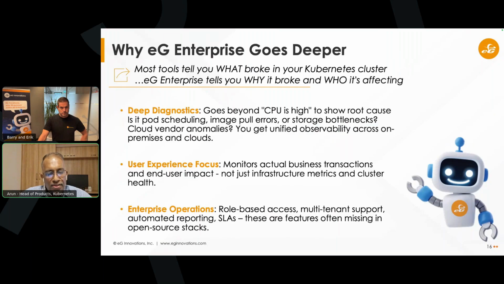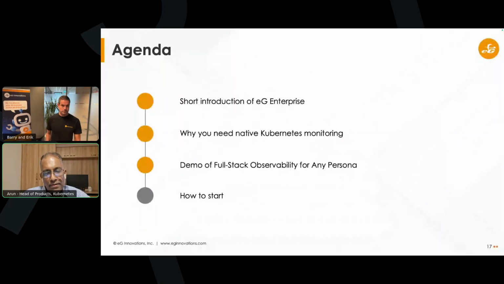And so these are some often ignored capabilities when people look at open source stacks. Open source gives you tremendous flexibility. They might give you rich dashboarding, but ultimately, as your organization grows, you need these kinds of capabilities. So that's a quick summary of what you need in a Kubernetes native monitoring solution. I'll let Eric and Barry take over from here.